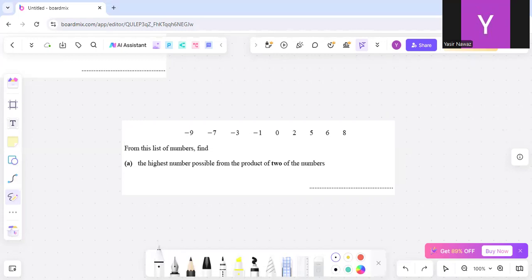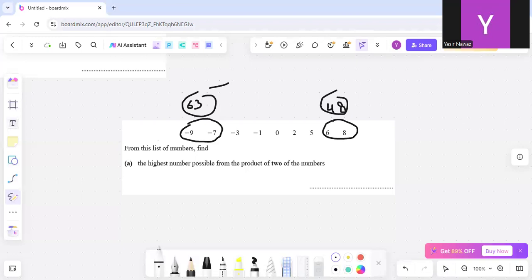Because there are some positive numbers and some negative numbers, obviously the highest number would be a positive number. If you multiply minus 9 and minus 7, that would be a positive 63. And if you multiply 6 and 8, it would be 48. So the highest number would be 63 or 48. That's 63. So the highest possible number would be 63, because if you multiply these two, minus 9 and minus 7, you will get the largest number.